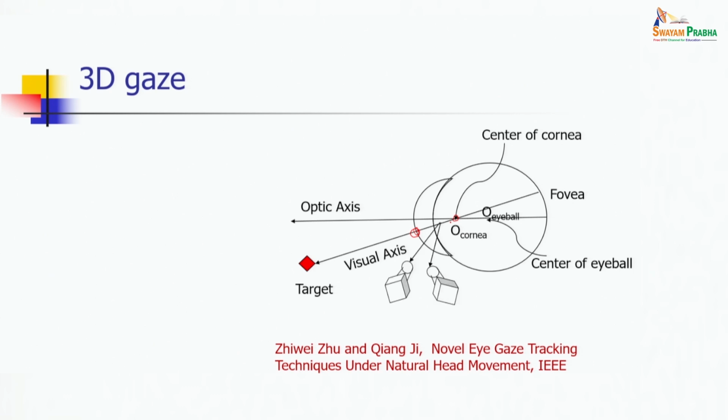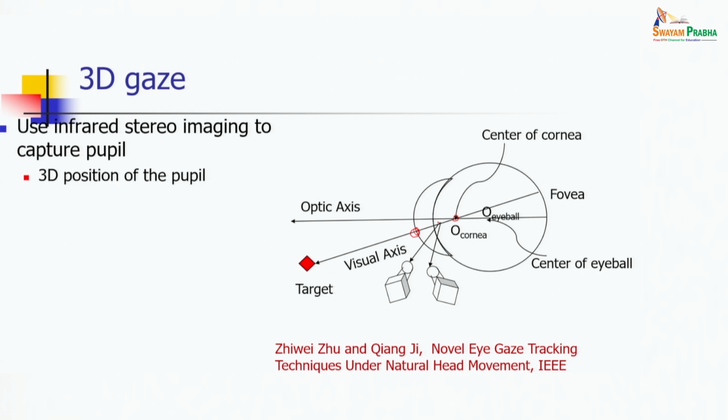Say this is the image that the pupil forms here, and we observe this location, and we can get this point. On the other hand, if I have the LED, we use infrared stereo imaging to capture the pupil location, and the 3D position of the pupil is obtained in this way.